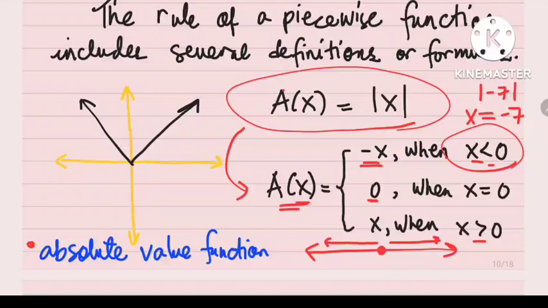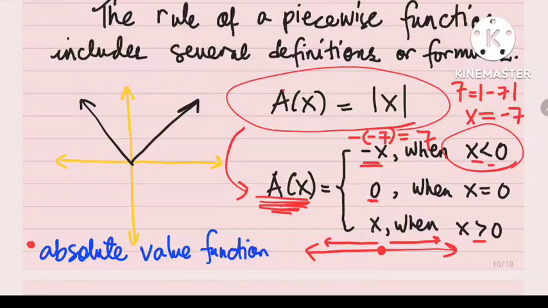So the rule is you have to get the negative of that. And the negative of -7 is 7. So the absolute value of -7 is 7.